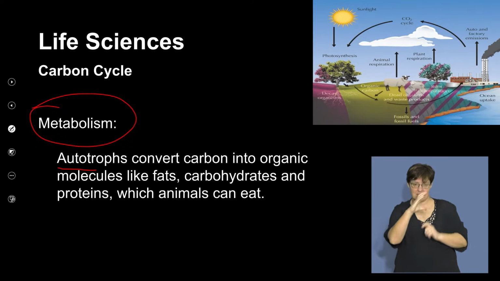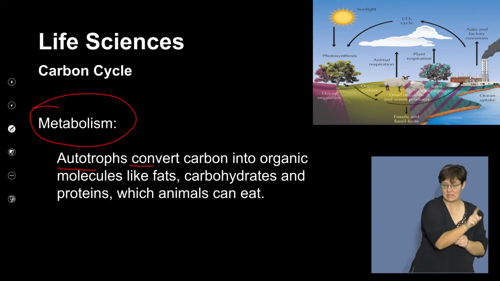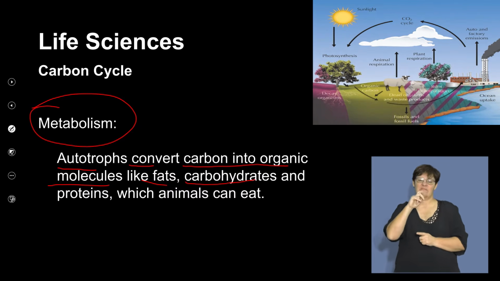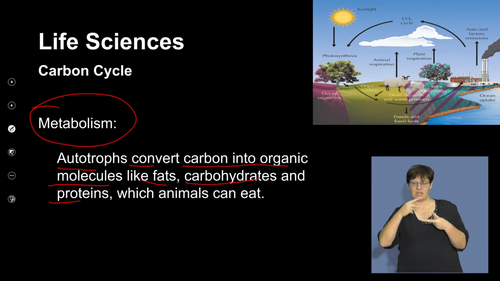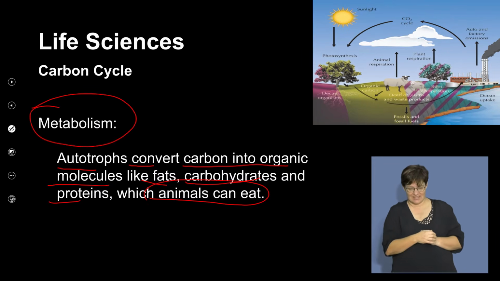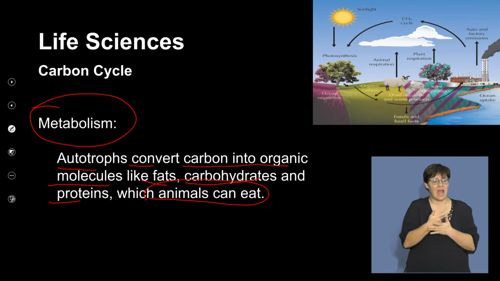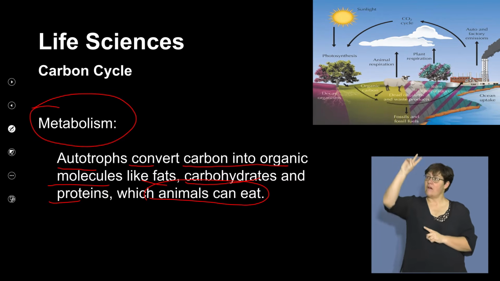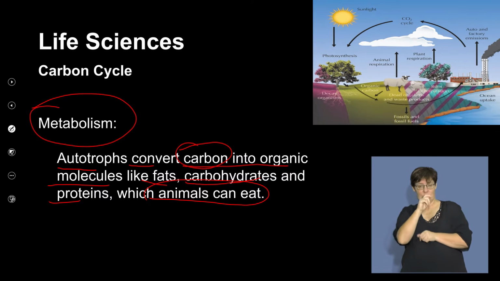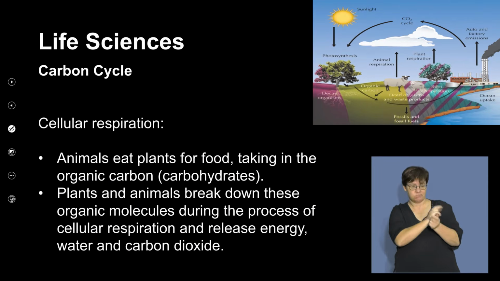So autotrophs, which are plants, convert carbon into organic molecules like fats, carbohydrates, and proteins, which animals can use. So we know that during an important process like metabolism, of which photosynthesis is one example, we can use the carbon in organic molecules as an energy source for other animals.